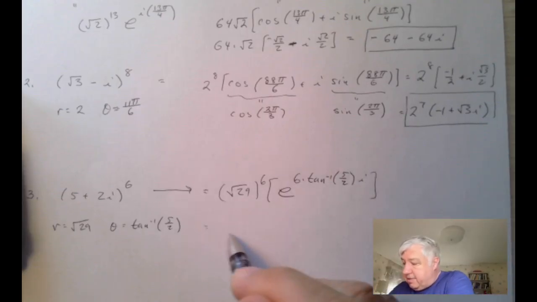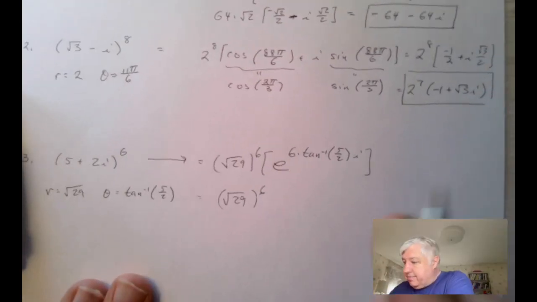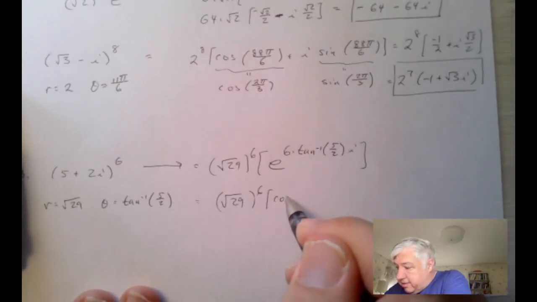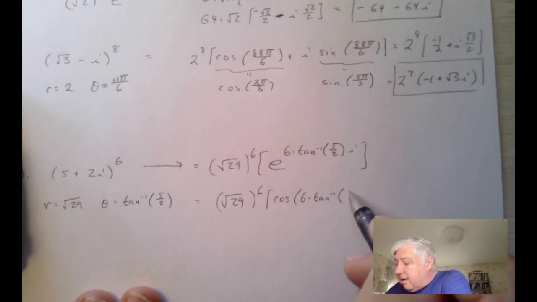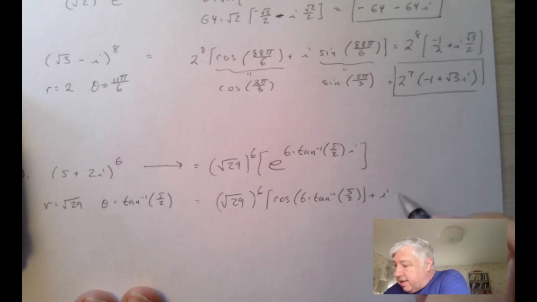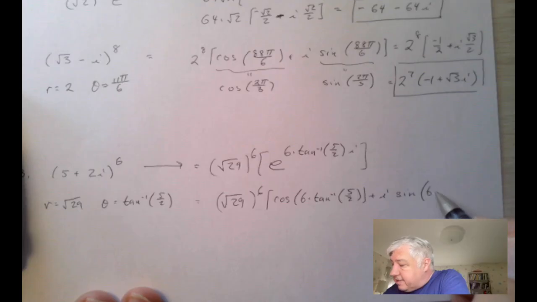So this is going to be the square root of 29 to the 6th power cosine of 6 times the inverse tangent of 2/5, plus I times the sine of 6 times inverse tangent of 2/5.